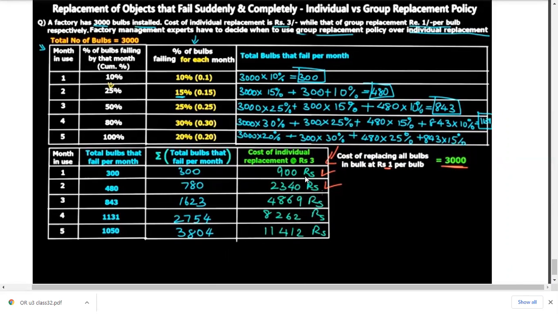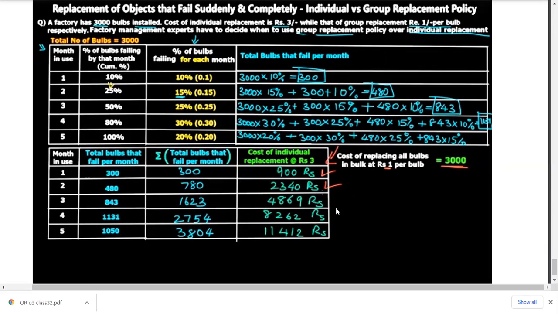For the first month the individual bulb cost is 900 rupees, and the second month 2340 rupees, which is less compared to the 3000. Next, the third month individual replacement cost is 4869 rupees, and compared to the group replacement of 3000 rupees, it is higher.